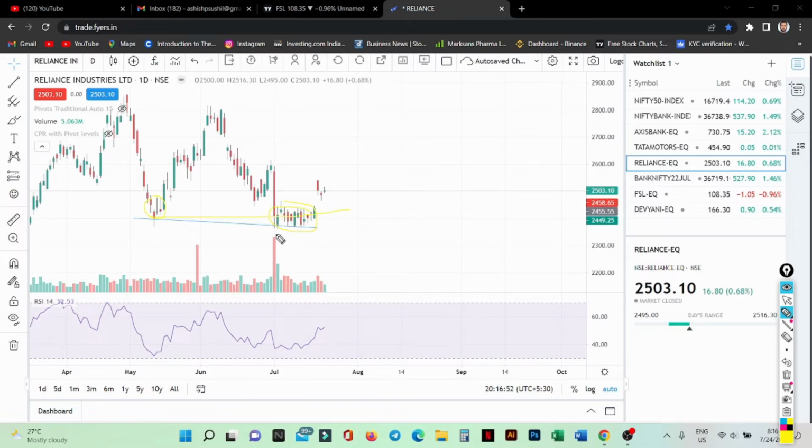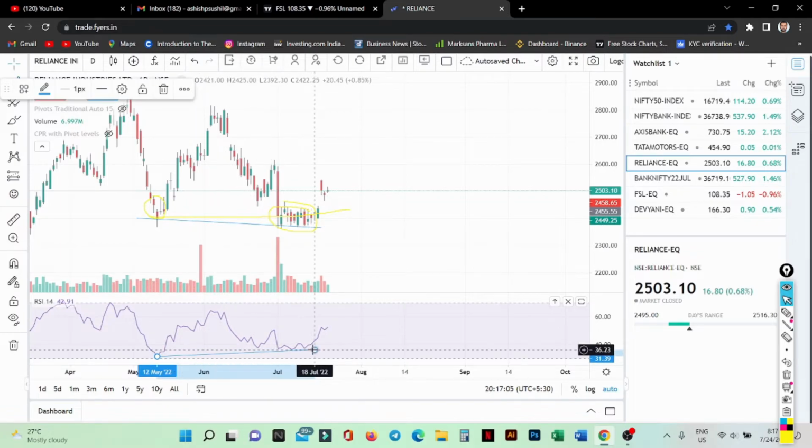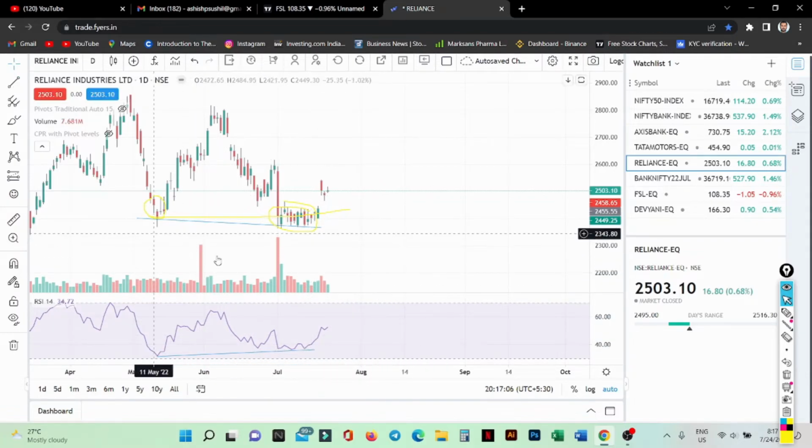This swing was clearly broken. But in the case of RSI, what is RSI showing? From this swing to this swing, there's a clear case of RSI divergence, isn't it, traders? So this shows bullishness in the market.